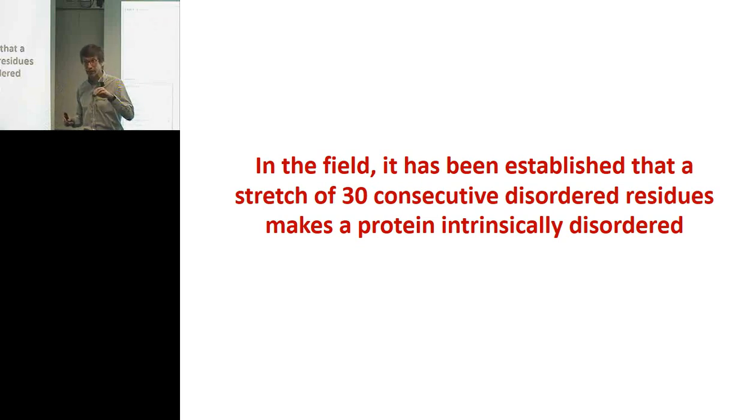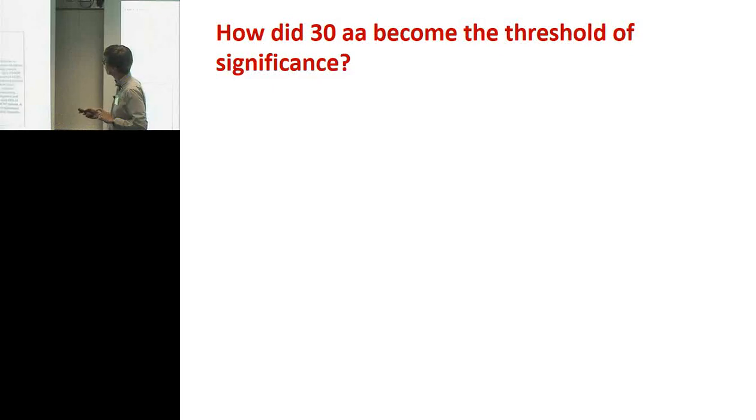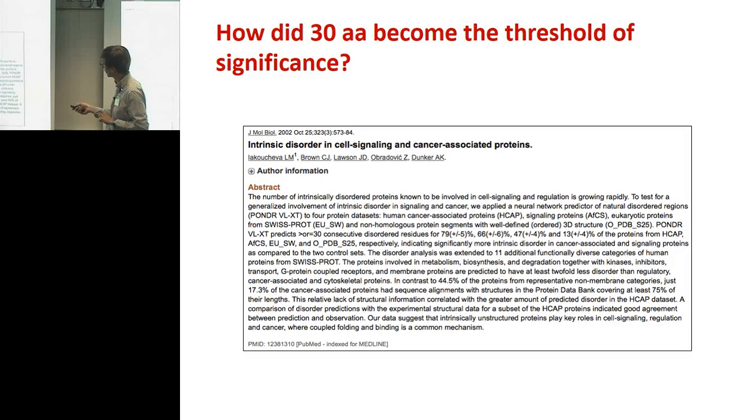So if you go to the literature, people immediately start to call their protein intrinsically disordered if you observe 30 continuous residues. And I'm going to tell you the history of that. That's coming from the Dunker group, which is a very well-known group in protein informatics. They carried out a study where they investigated intrinsic disorder in cell signaling and cancer-associated proteins.